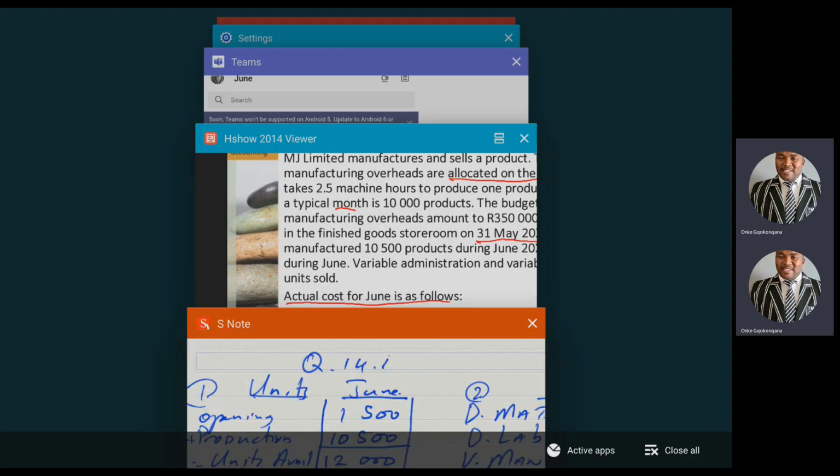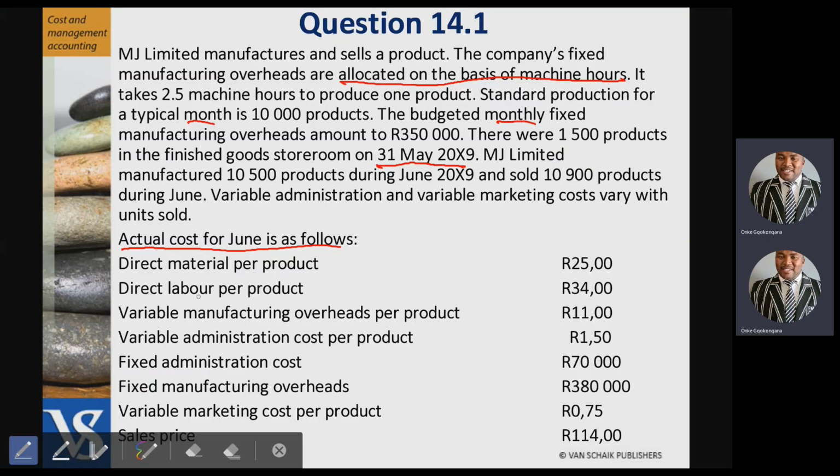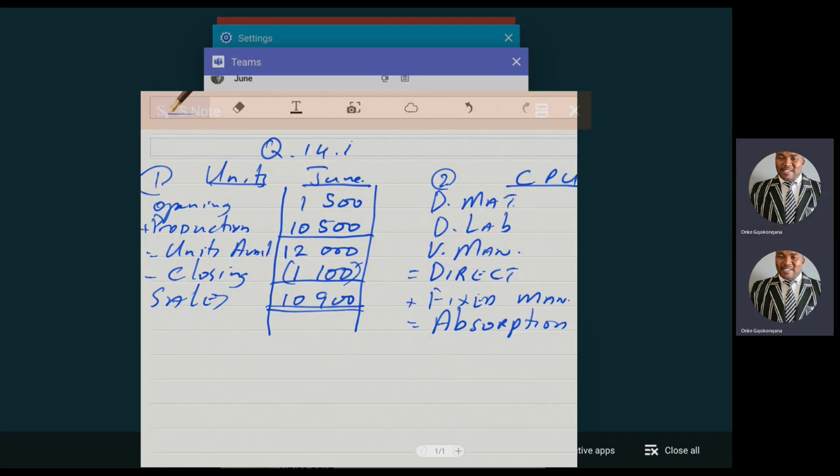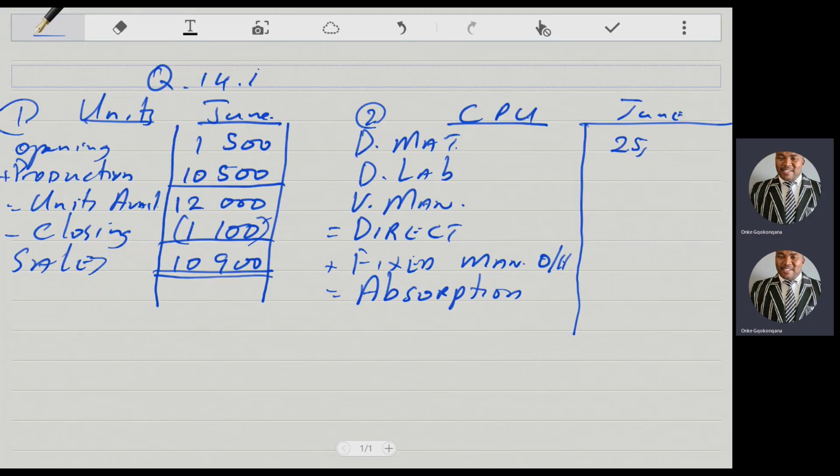Now let's fit it. Direct material per product is 25 rand, 34 rand your labor, and 11 rands your variable manufacturing overheads. So it's 25 rand, 34 rands, 11 rands.